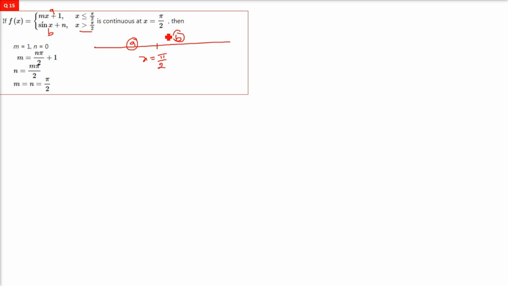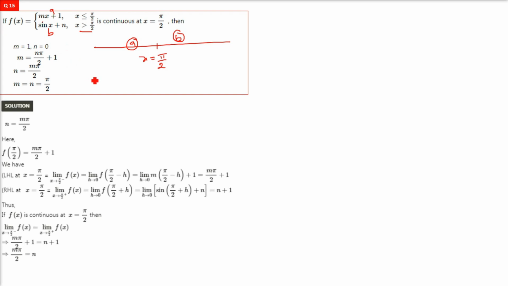And this is continuous at x equals pi by 2. So which one of these is the correct option? We just have to find the left hand limit and the right hand limit, and equate them, and the relationship will be in front of you.